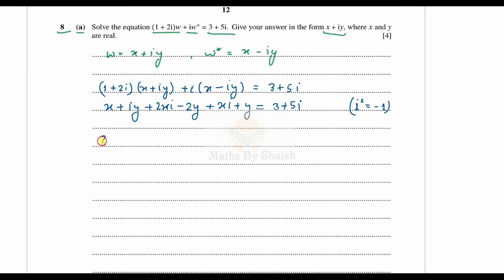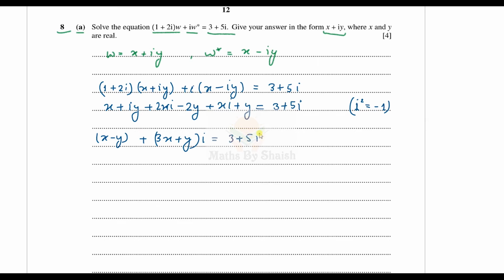It would be x - y, these are the real values, and for the imaginary part we know that it is 2x + x, 3x, so it becomes (3x + y)i, because this is y here, is equal to 3 + 5i.